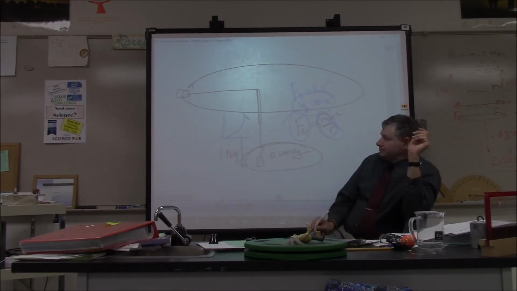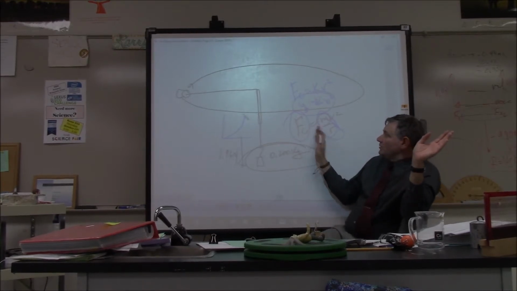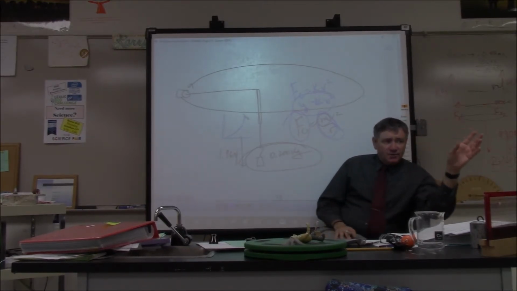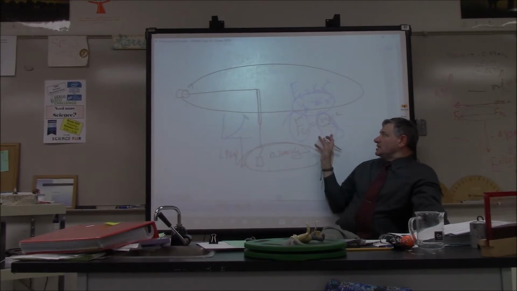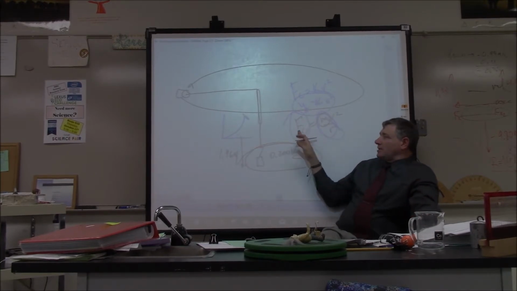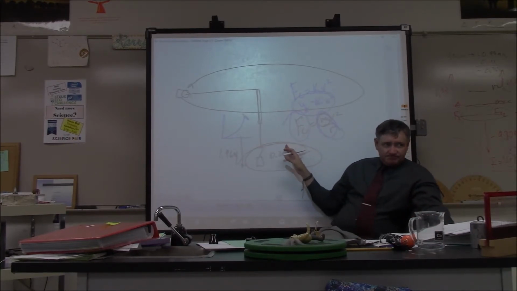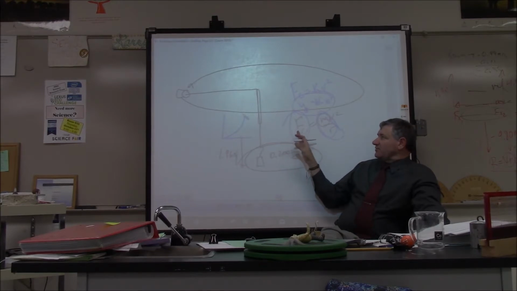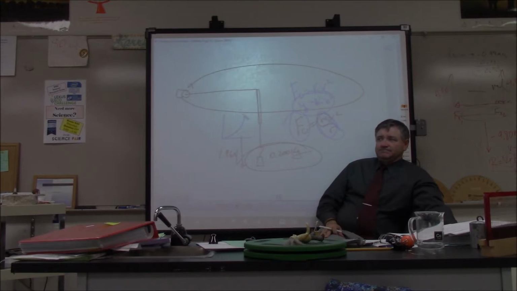So here's the deal. On trials 1 through 4, this ratio of mass to radius is going to stay the same, but I'm going to make the centripetal force bigger. If I make the centripetal force bigger, what has to happen to the velocity?